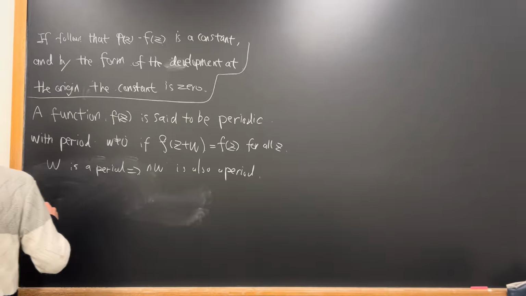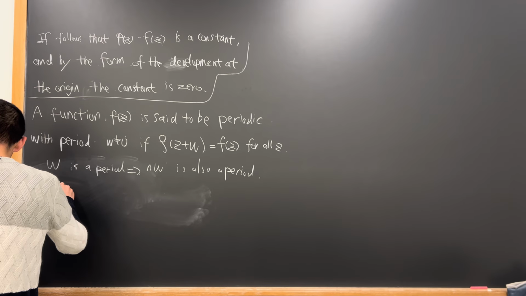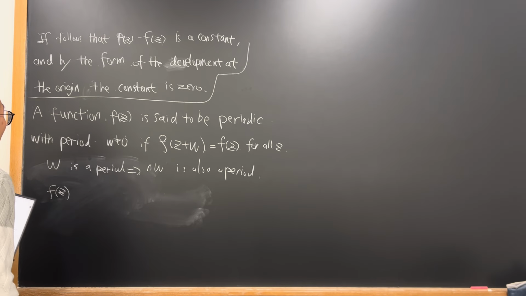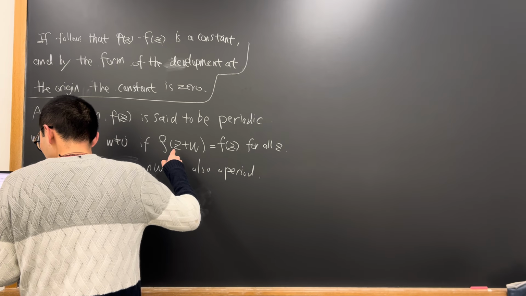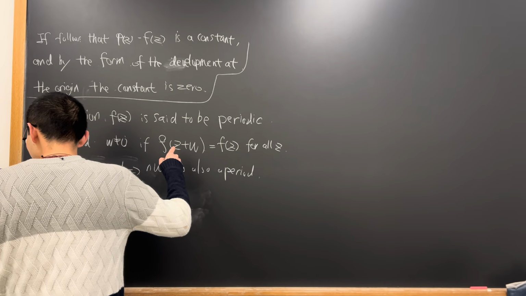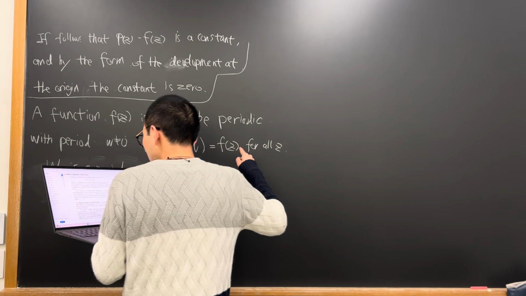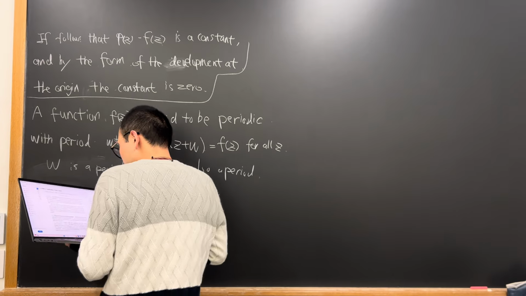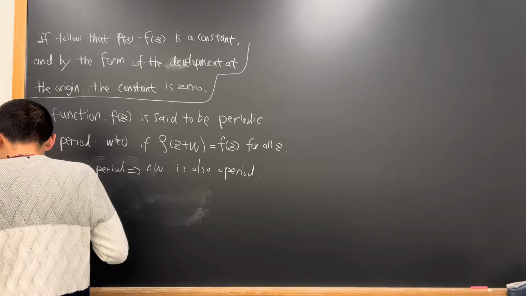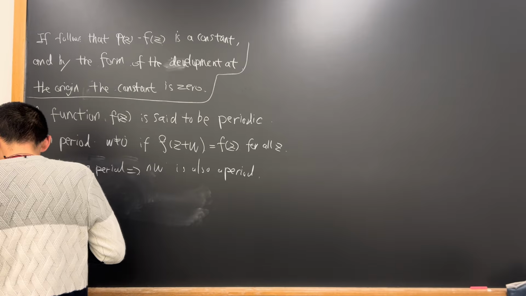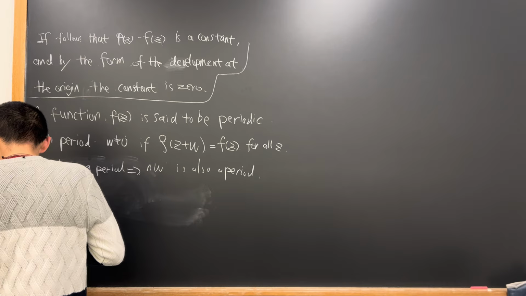We call this f simply periodic with period omega. Where did he define doubly periodic?